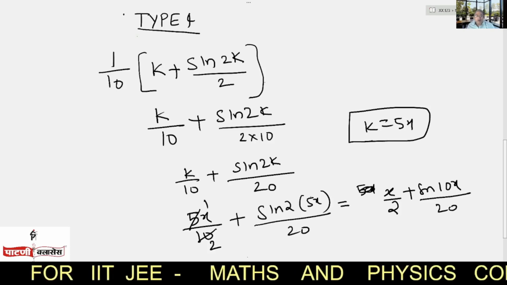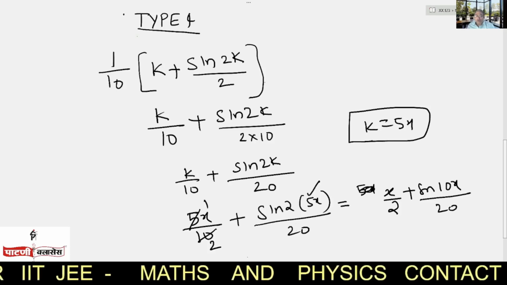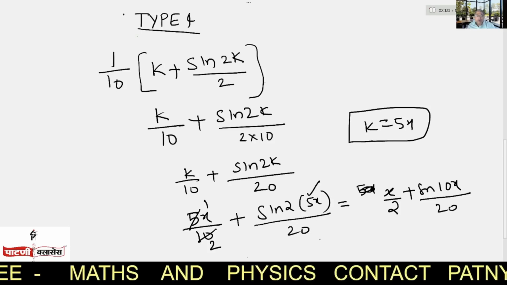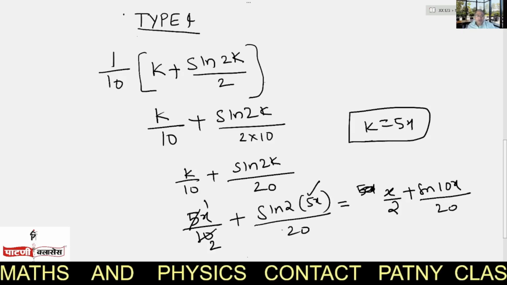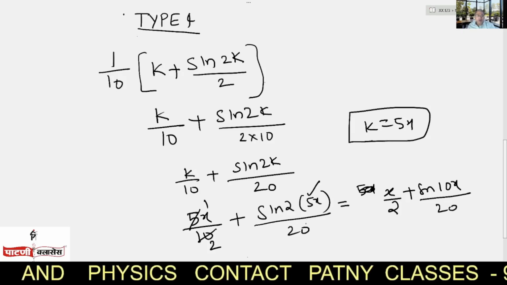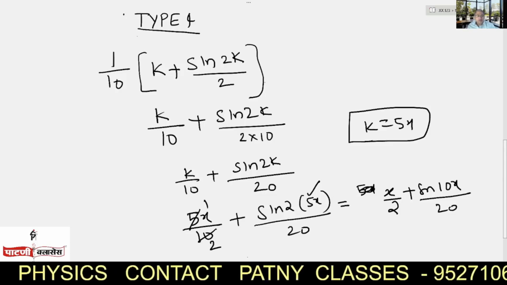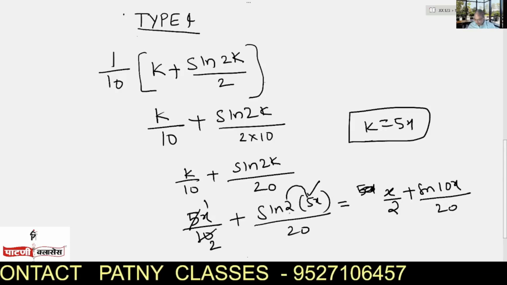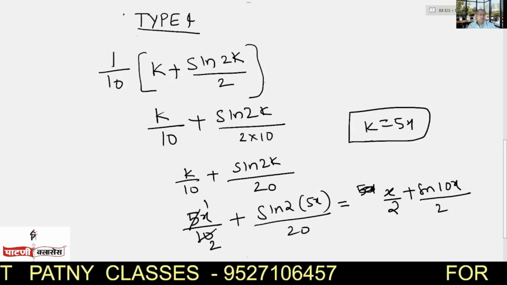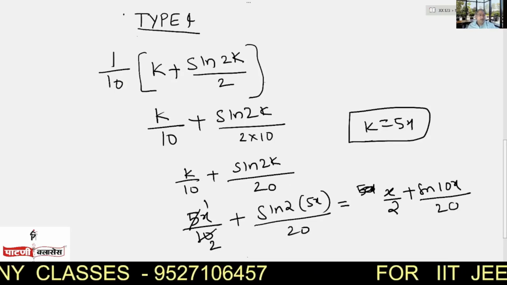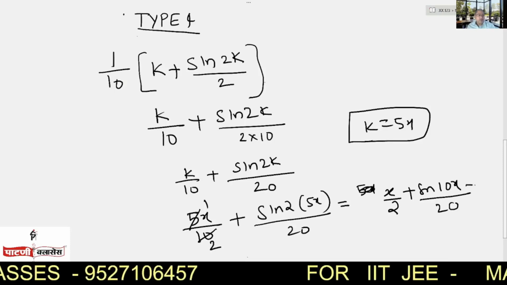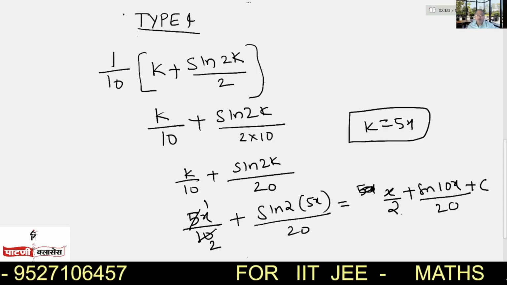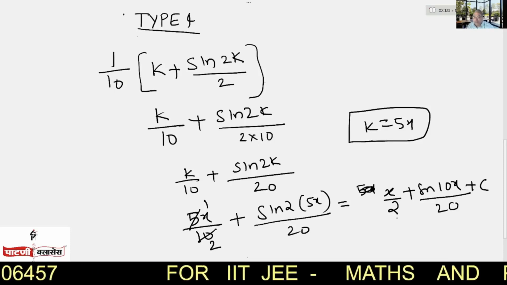This 5 belongs to trigonometry and this 20 belongs to a decimal number. Therefore 5 and 20 cannot be cancelled. So we multiply 5 and 2 and get sin 10x upon 20 plus c. This is the answer of that given integration problem.